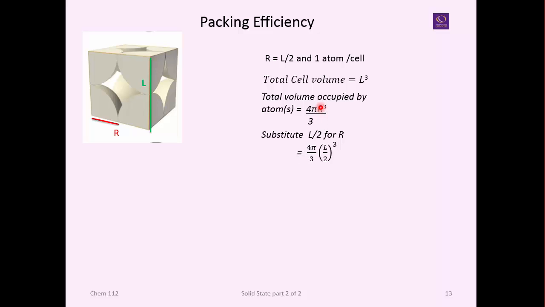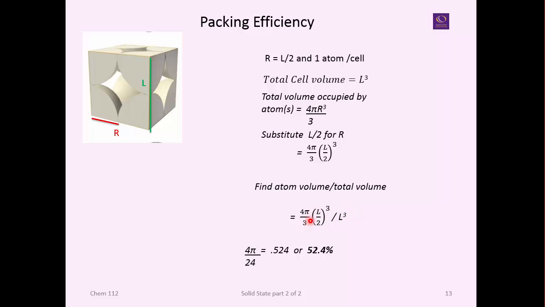We want to express R in terms of L over 2, because that's the relationship we have for a basic cube configuration. So we substitute that back in. We clean things up a little bit and we divide this, which is the volume of the atoms, by the total volume.